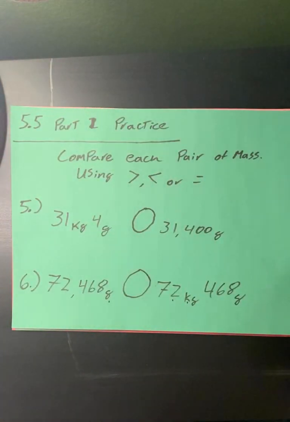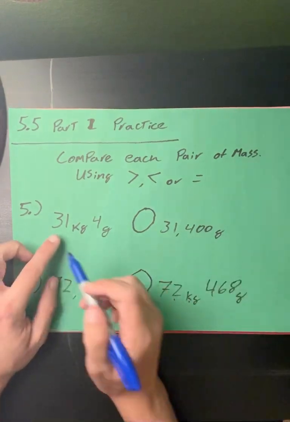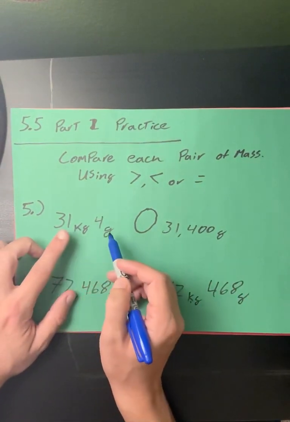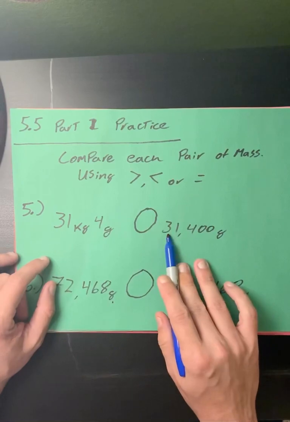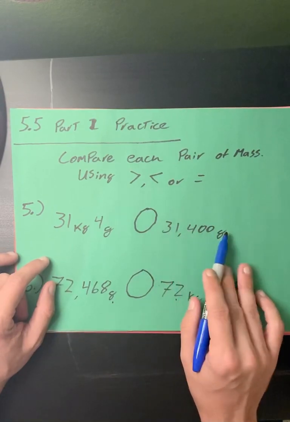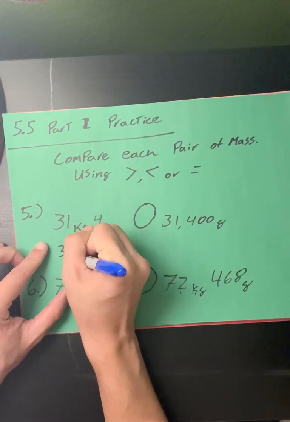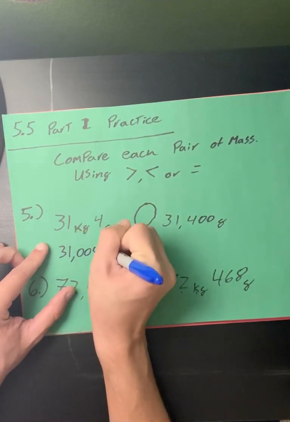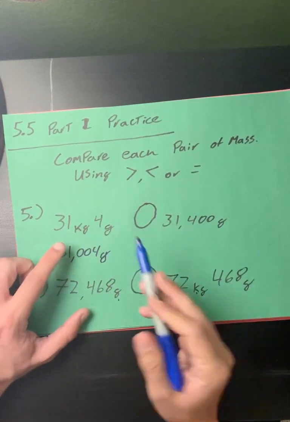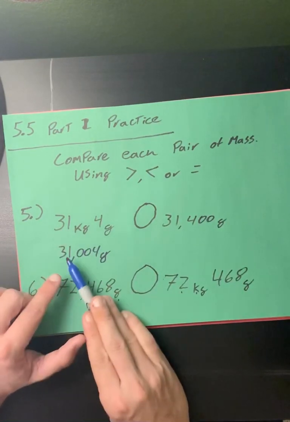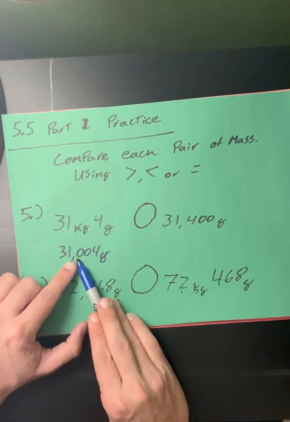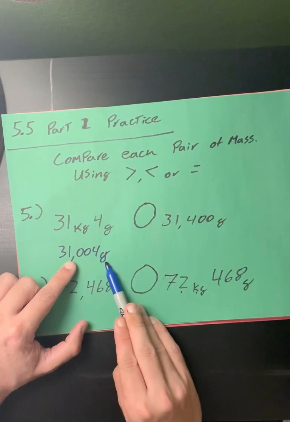All right, so comparing these two sets of numbers, we have 31 kilograms and 4 grams compared to 31,400 grams. Well, I'd want to write these out in the same notation, in grams. So my 31 kilograms becomes 31,004 grams.